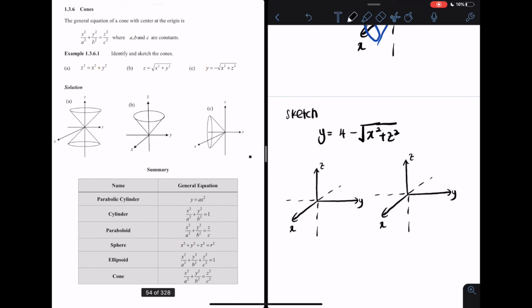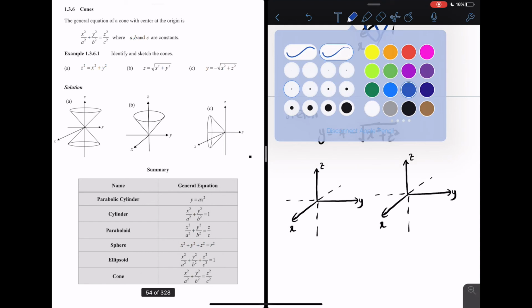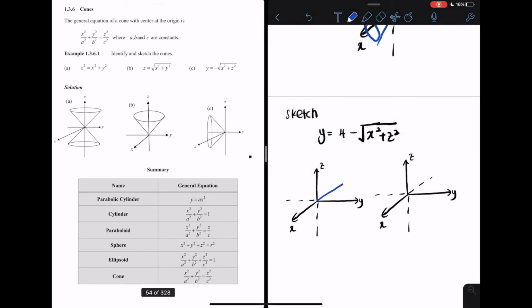Basically, when you have this type of question, please be clear with the subject of your equation. Right now, the subject of your equation is y. Therefore, your curve will lie mostly along the y-axis. So in this case, this is when y is equal to positive square root of x squared plus z squared.